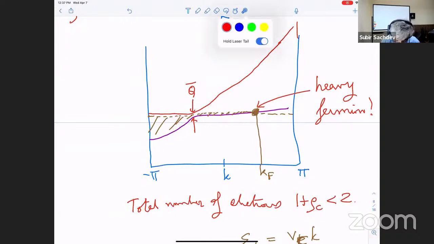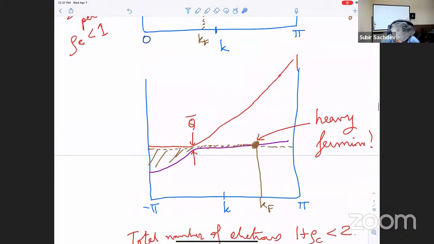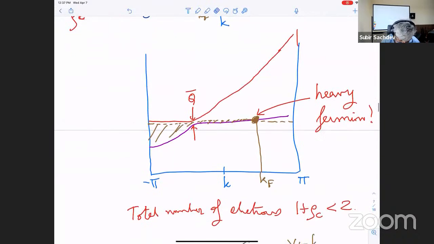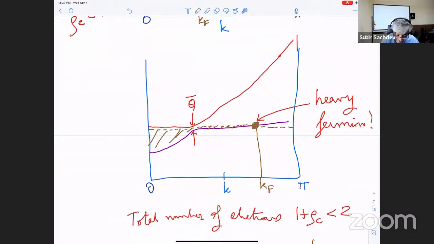If your k_F is exactly pi here, then the purple band will be completely filled, and that's what's called a Kondo insulator, where the gap between the occupied band and the unoccupied band is very small.